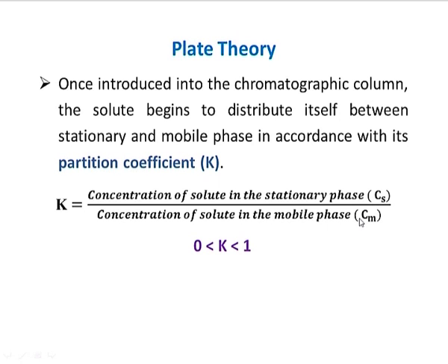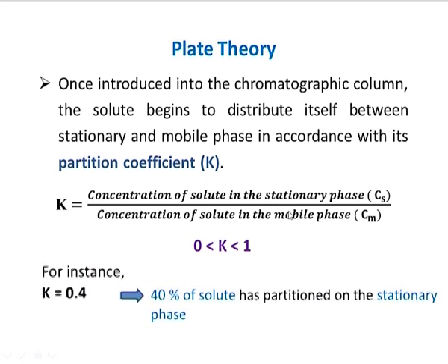So, at each theoretical plate there is this K which is established, and the value of K, as is obvious, can stay between 0 and 1. If the value is 1, it means the concentration of solute in both the phases is just equal.